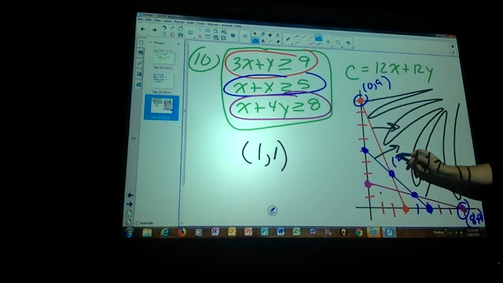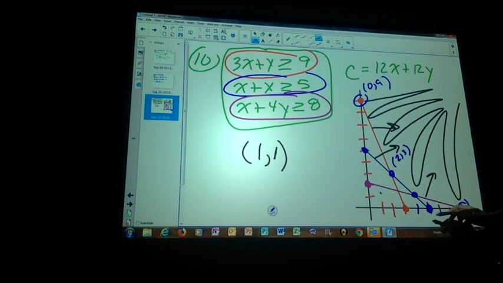And then this one looks like 4, 1 maybe. If you did that on your graph paper, I mean, I freehanded it. Yes, I had straight edges, but I just kind of freehanded it. Does that seem appropriate?